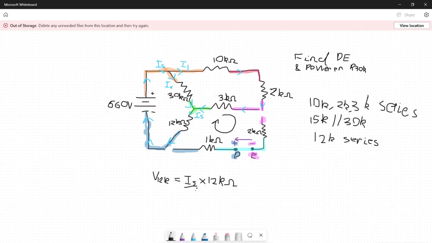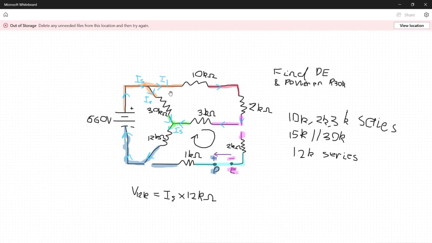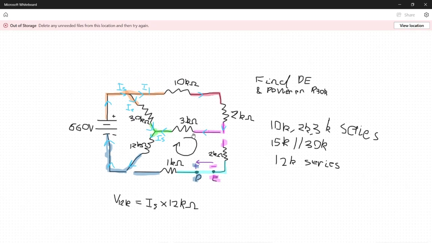But to get this current, we need to know the total resistance of the circuit. Okay. So how would we get the total resistance of the circuit? Well, we just discussed that these are in series and those are in parallel.